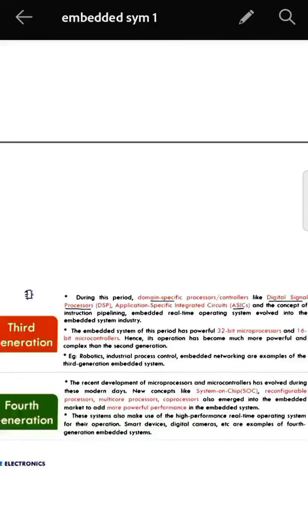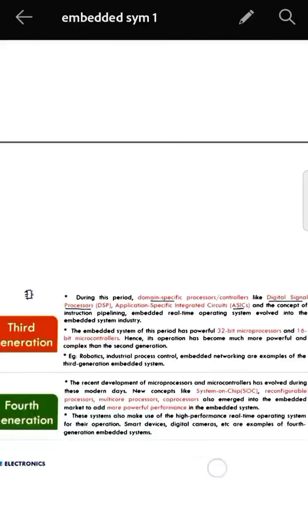And the examples for the third generation are robotics, individual processor controller, and embedded networking. In the networking system, they are using the third generation. In third generation, what are we using? 32-bit microprocessor and the 16-bit microcontroller. The complexity increases compared to second generation.